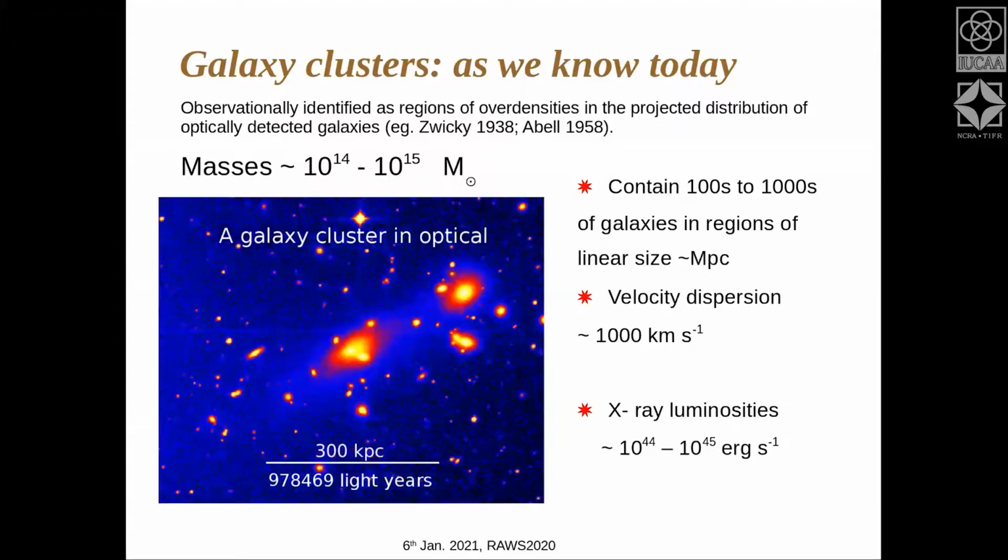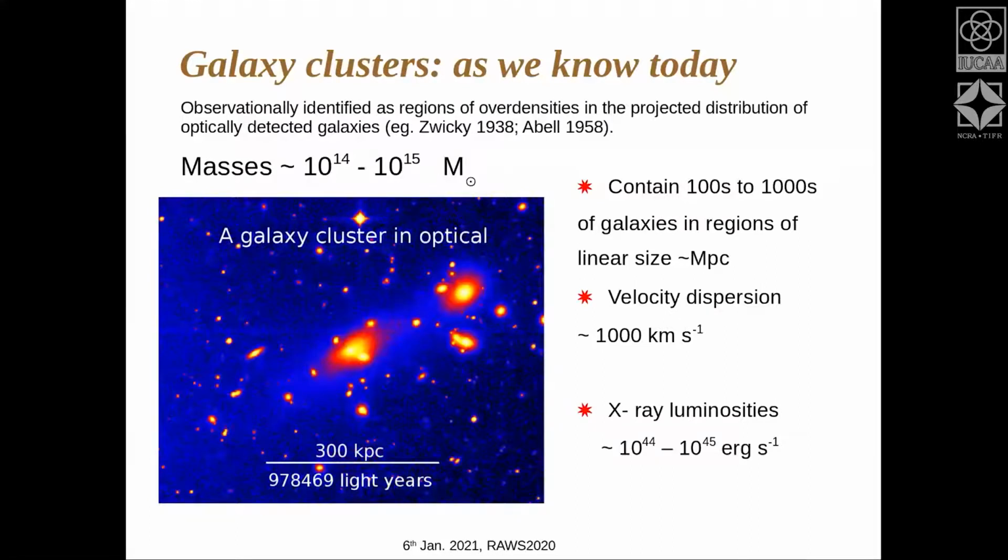If you look at this patch of sky in optical, you will detect all these bright galaxies. If you look at it in X-rays, you will detect this huge blob, which is basically the intracluster medium. The intracluster medium is extremely hot gas at the center of the cluster, and the X-ray luminosities are of the order of 10 to the 44 to 10 to the 45 ergs per second.